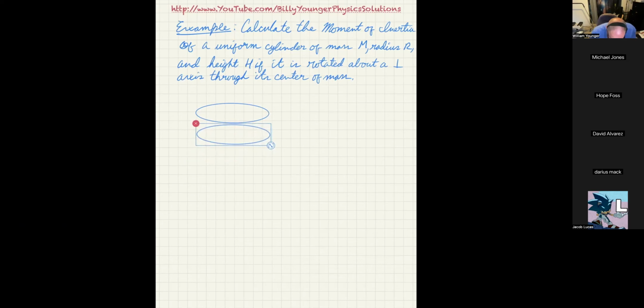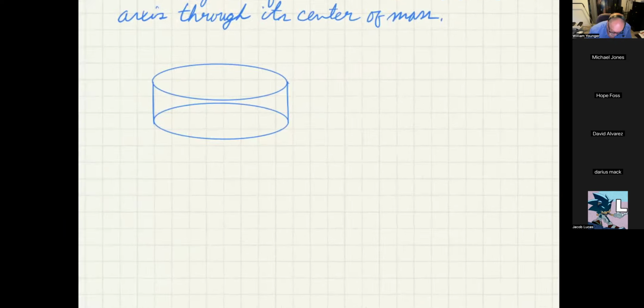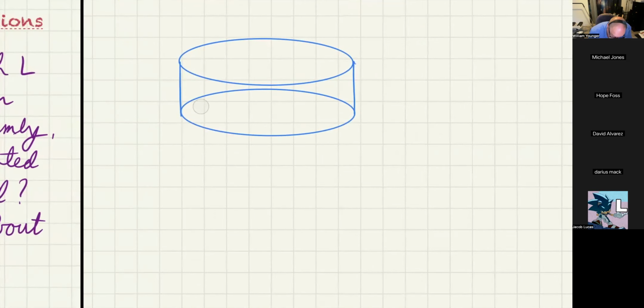So this is our actual cylinder, and it's sort of drawn in transparent mode so that we can see the backside, but I can fix that really quickly by making sure that the part we shouldn't be able to see is dashed.